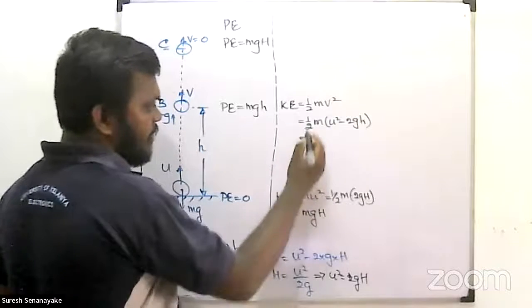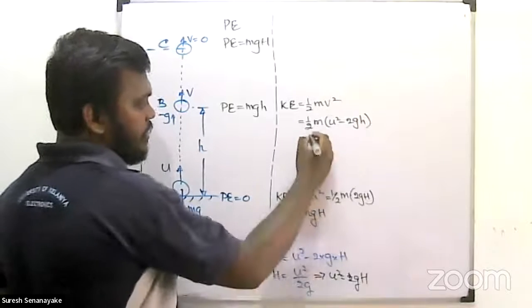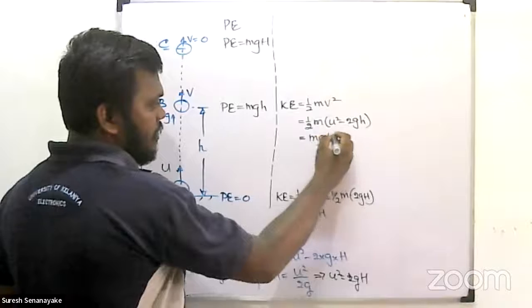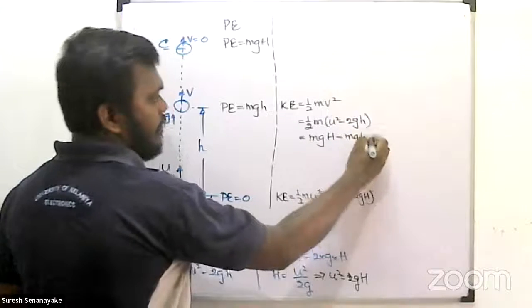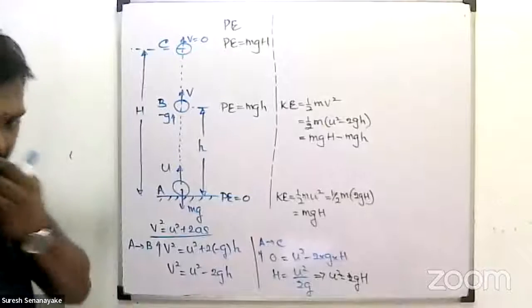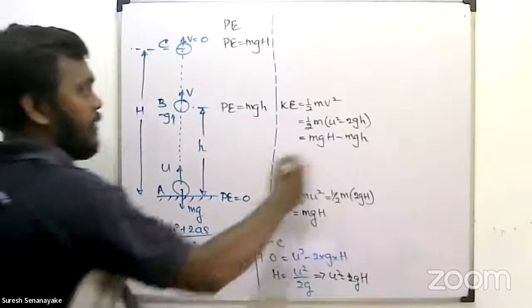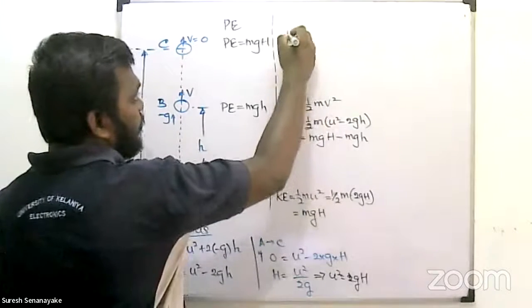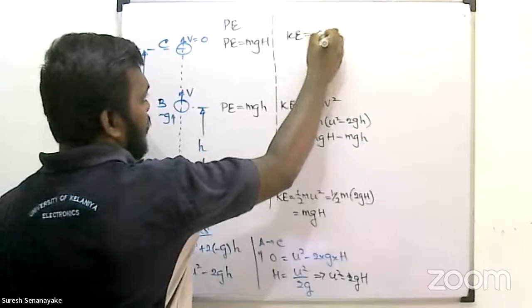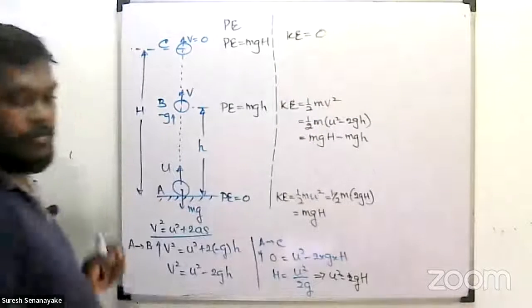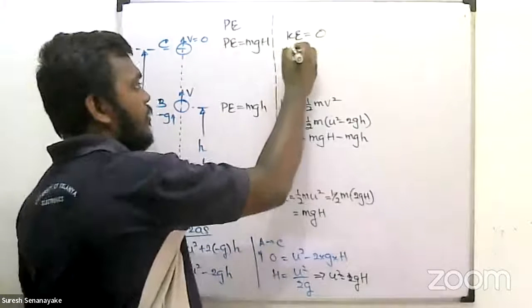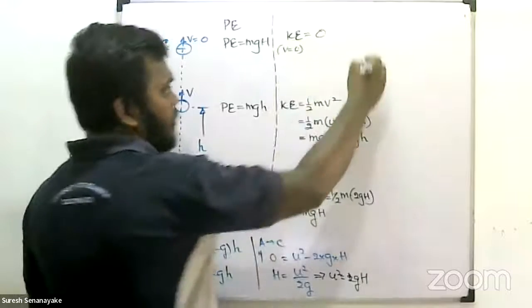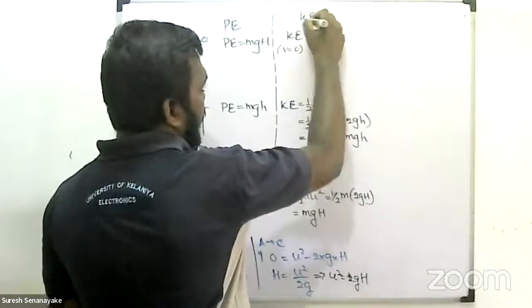So it becomes half m u square, which is mgH, minus mgh. This is the kinetic energy at this position. At the topmost position, the kinetic energy is 0 because the velocity is 0.